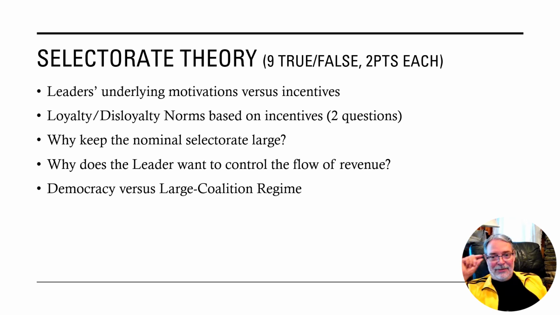Speaking of the difference between democracies and large coalition regimes, one of the insights of selectorate theory is that it's not about a majority, right? The concept of a democracy is one person, one vote, and that kind of gets to the liberal nature of these things.